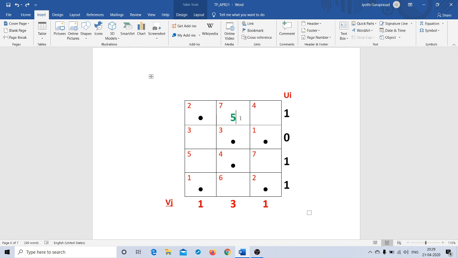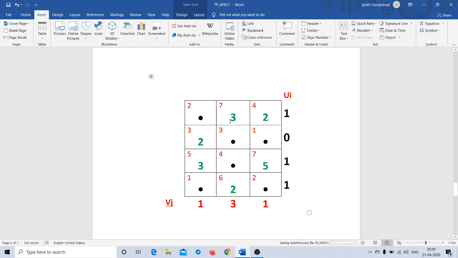Then similarly after calculating I'll get 2 here, I get 2 here as well, here I get 3, here I get 5, and here I get 2.